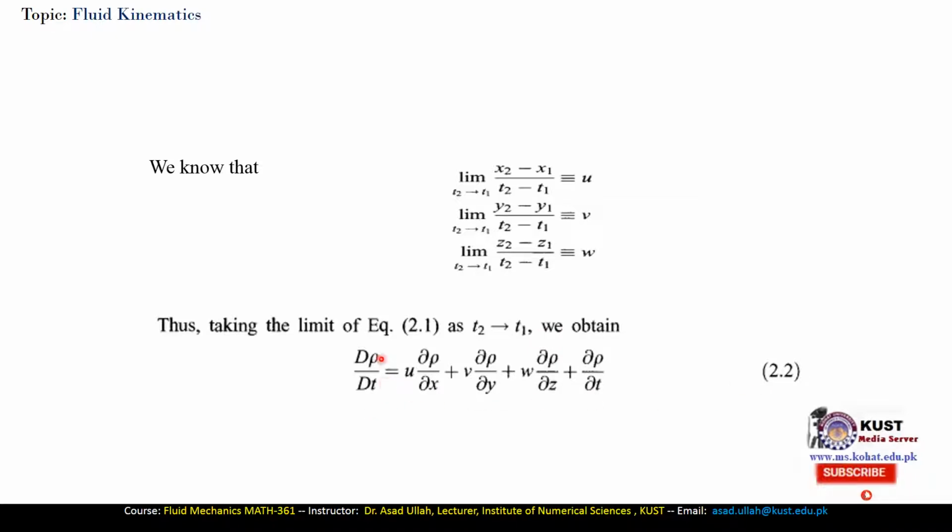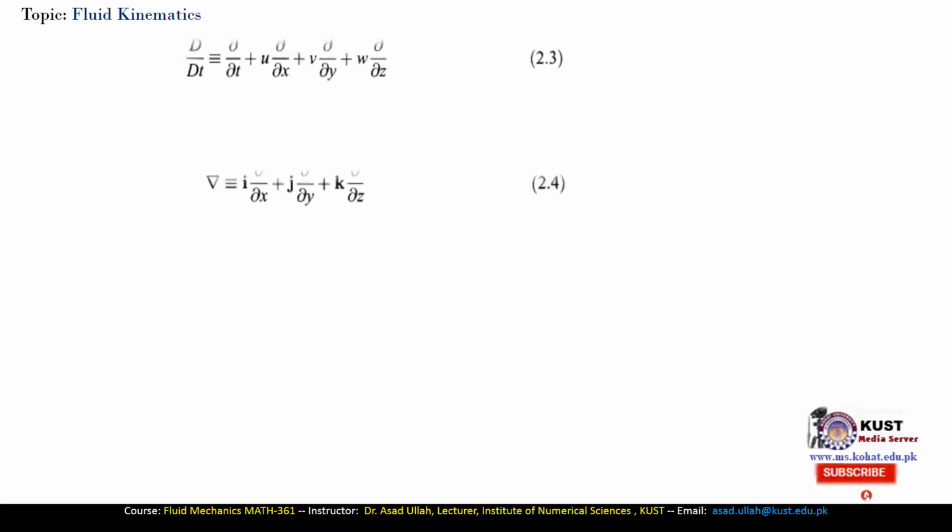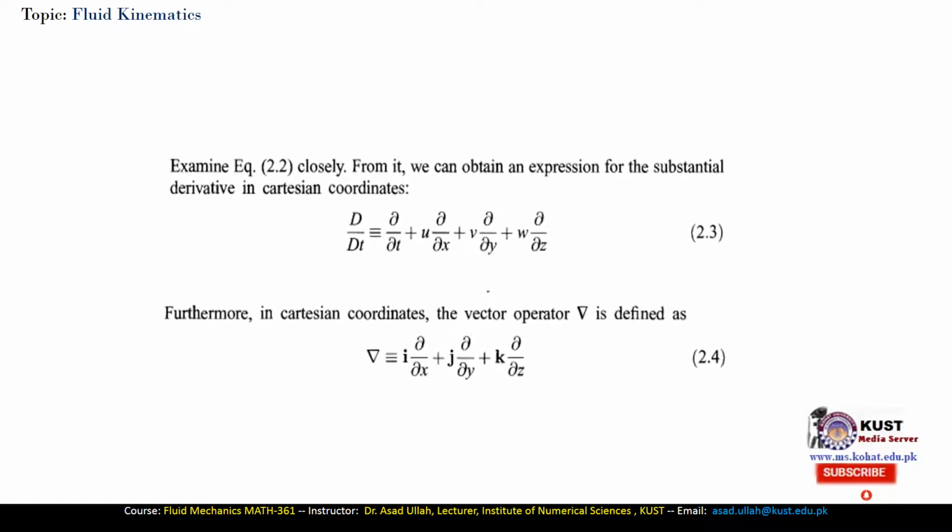Here, Dρ/Dt is equal to u times ∂ρ/∂x plus v times ∂ρ/∂y plus w times ∂ρ/∂z plus ∂ρ/∂t. Examine equation 2.2 closely. From it we can obtain an expression for the substantial derivative in Cartesian coordinates as given in equation 2.3.